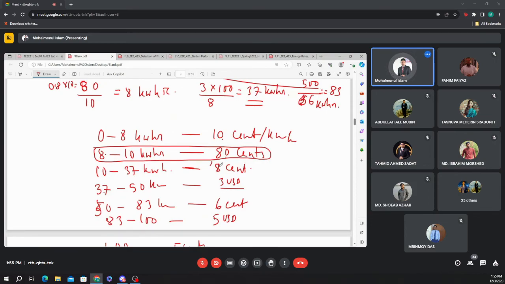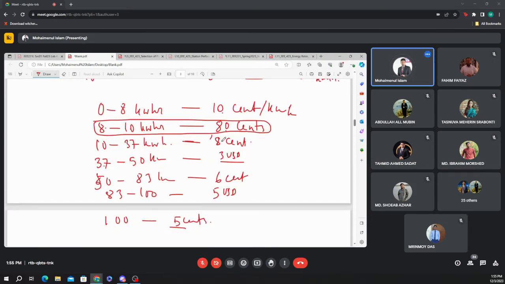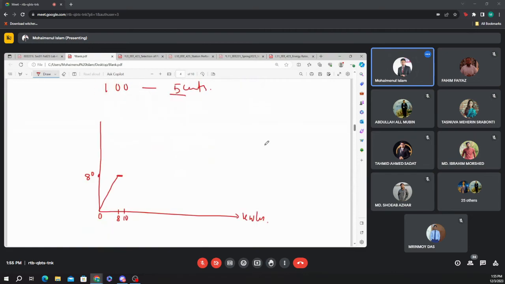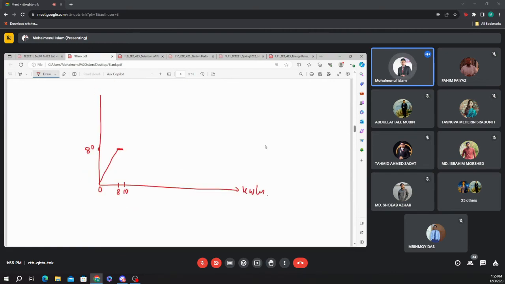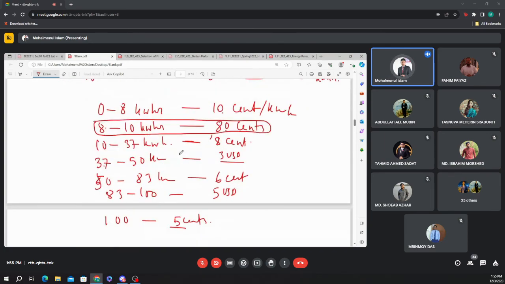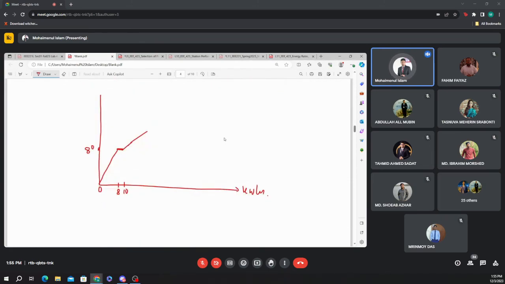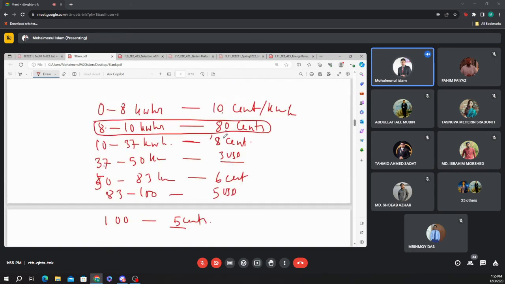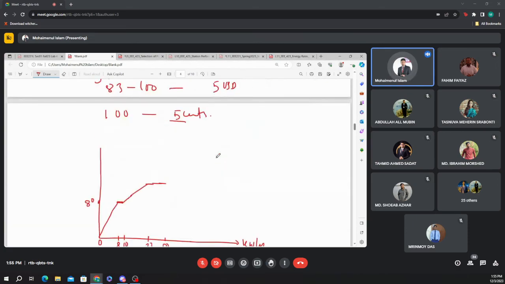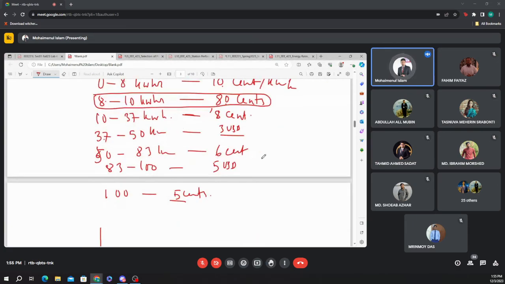After that, it is 10 to 37 per 8 cent. So the graph is following another straight line, maybe this one, and it is up to 37. So this value is maybe 37, and then it is a flat line up to 50, and then above 50, it is 50 to 83, 6 cents.